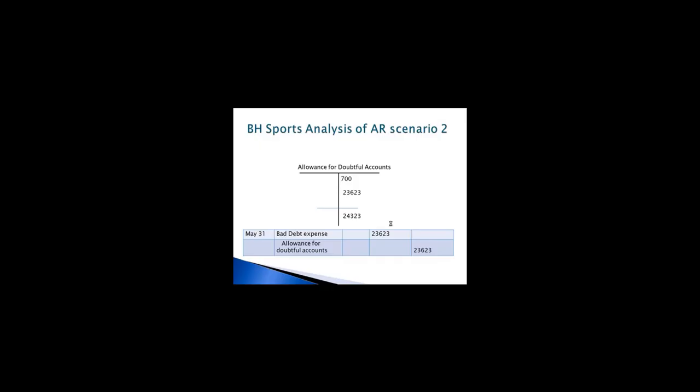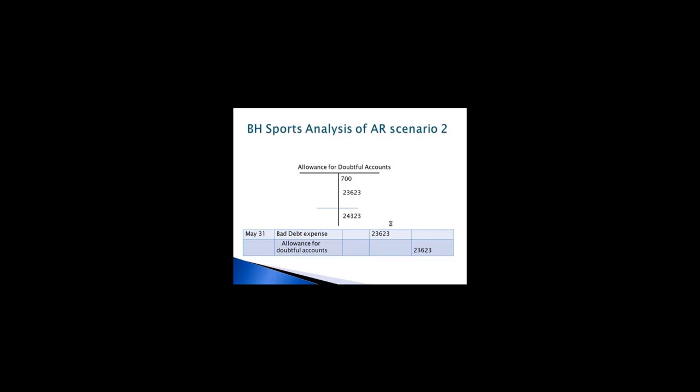Here we see on our screen a T account with the $23,623 credit, giving us the desired ending balance of $24,323, and then we see a sample journal entry at the bottom showing a debit to bad debt expense for the adjusting amount, $23,623, and a credit to allowance for doubtful accounts for $23,623.